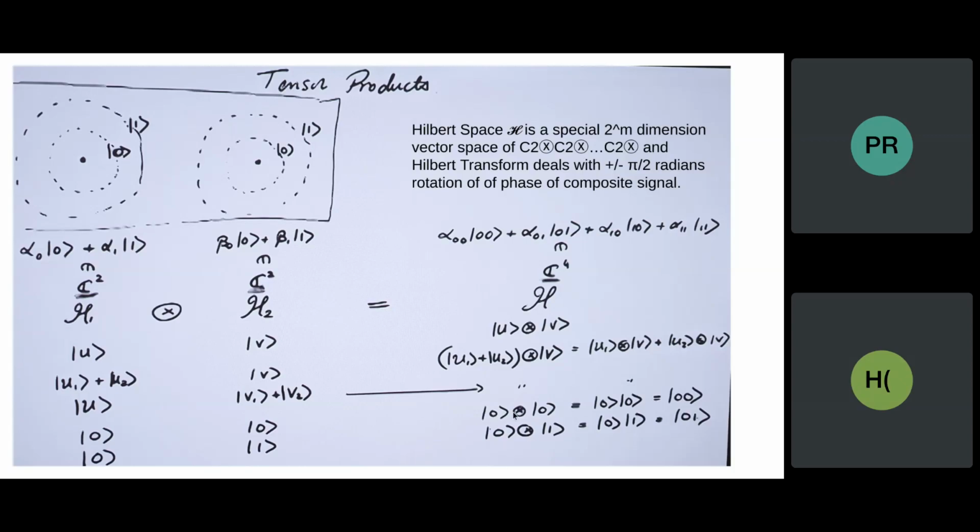Otherwise, ket 0 tensor product of ket 0 is equal to ket 0 0. These are treated as equal. Same way 01. So essentially what we have to remember is whatever notation we adopt, they are representing multiple systems.